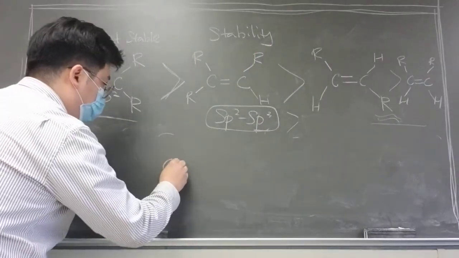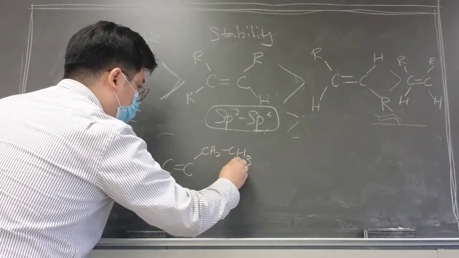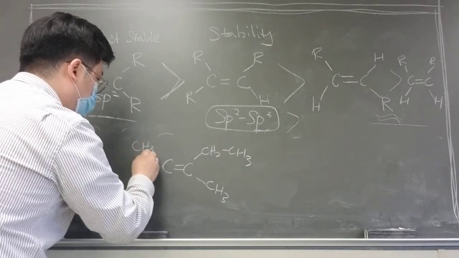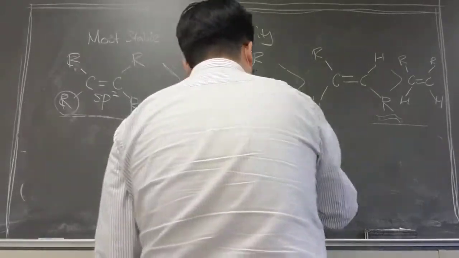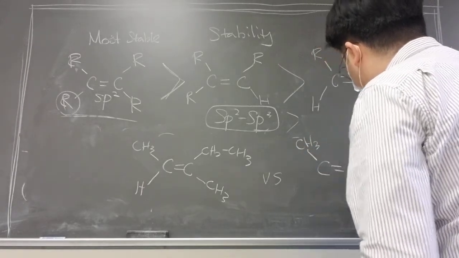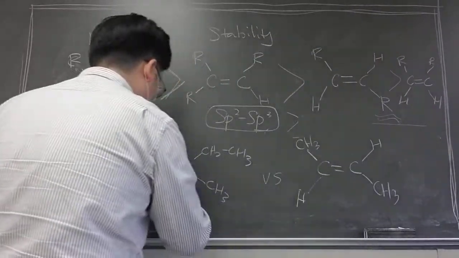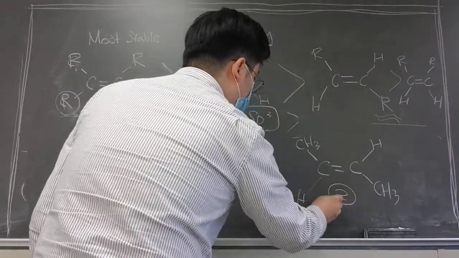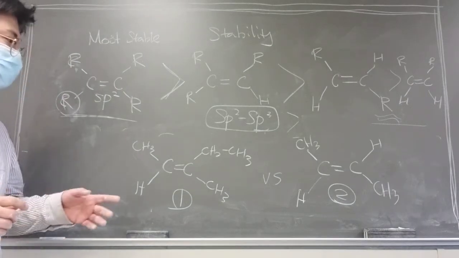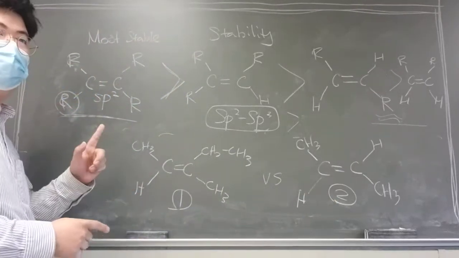So if I give you this is number one, this is number two. And maybe in the question, I'll ask you which one is more stable. What do you think? Will it be number one or two? Number one for sure, right?